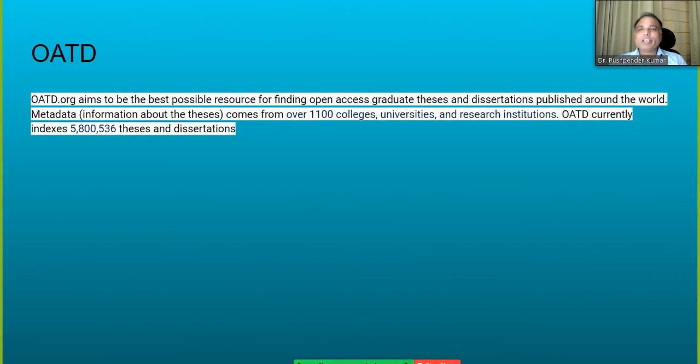OATD.org aims to be the best possible resource for finding open access graduate theses and dissertations published around the world. You can see the IIM Ahmedabad website also. They publish their PhD theses, so if you are interested in how to write your PhD, you can read these PhD theses from the IIM website, right? So this is OATD.